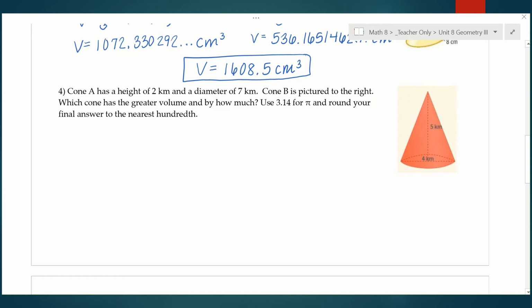And so what we want to do is find the volume of each, state which one is more, and then by how much. So I'm going to separate my work here. I'm going to do cone A versus cone B. Let me start with my formula for both.